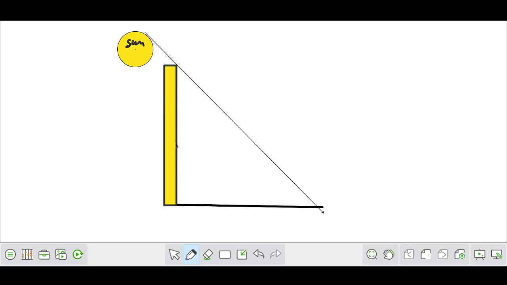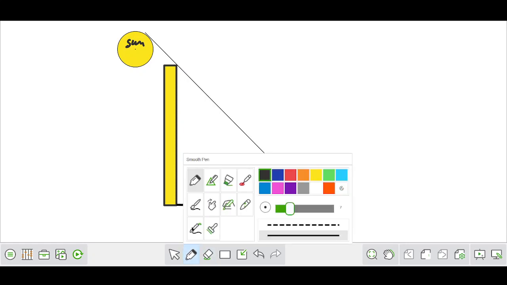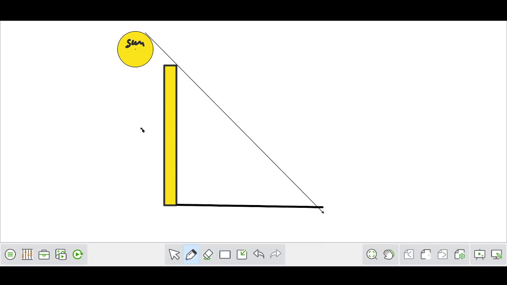In the same way, this is the building, and here we want to find out the length, but we don't have information about this. Suppose this is length h. If we take another point, we take this length as p.